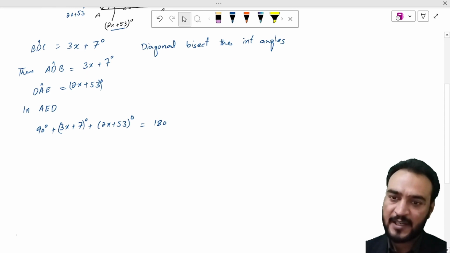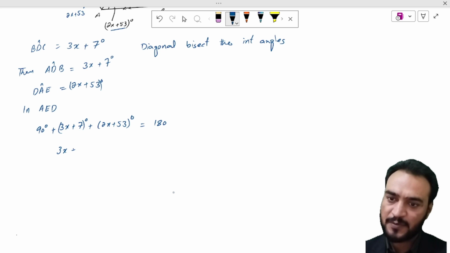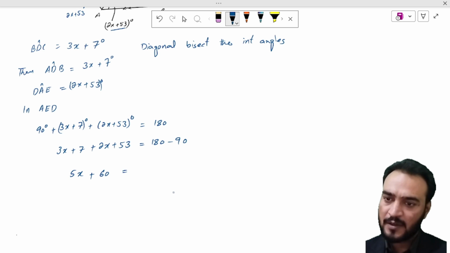We subtract 90 degrees on the right side, and we are left with 3x plus 7 plus 2x plus 53, which is equal to 180 minus 90. And 3x plus 2x is 5x, 53 plus 7 is 60, which is equal to 90.